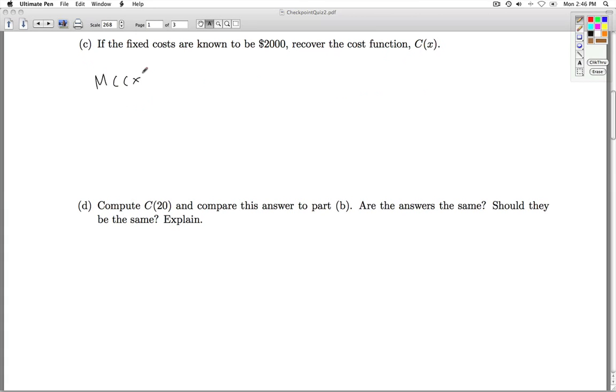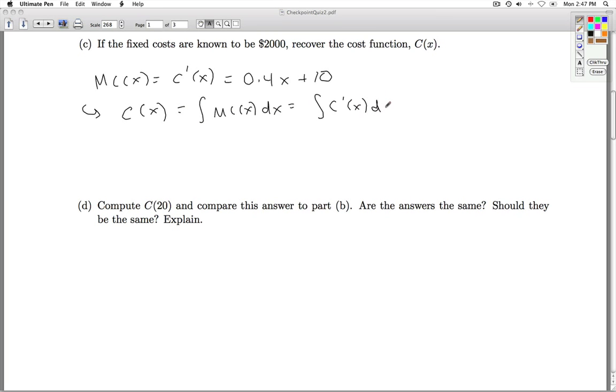Alright, so MC of x is the derivative of the cost function. That's 0.4x plus 10. So if I want to get back the cost function C of x, I can take the antiderivative of MC of x dx, the antiderivative of C prime of x dx, the antiderivative of 0.4x plus 10 dx.